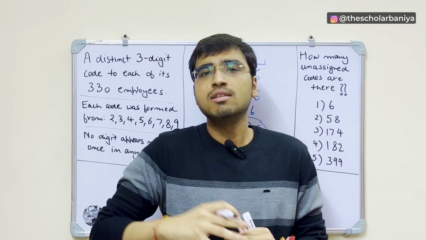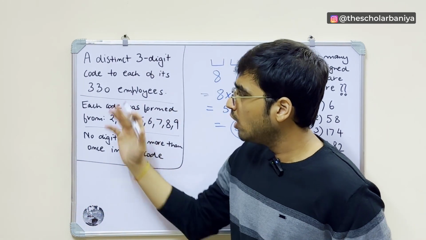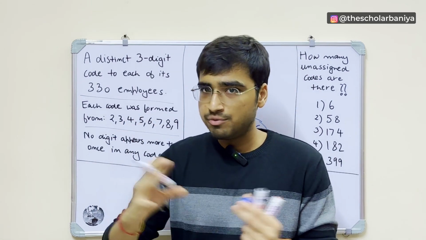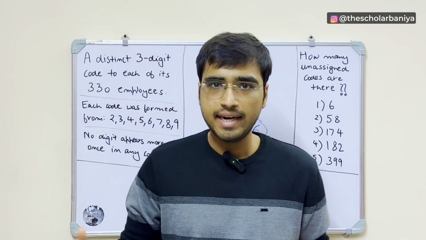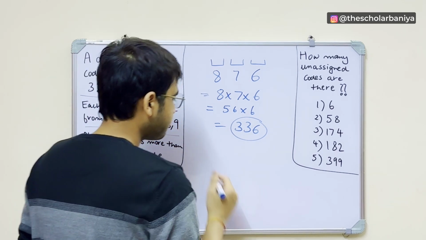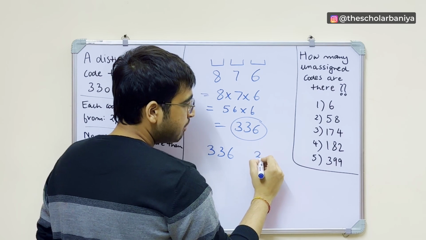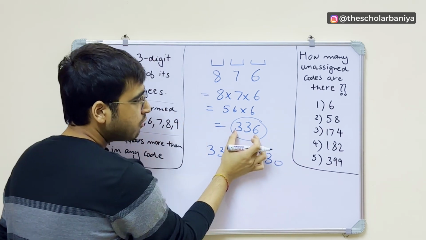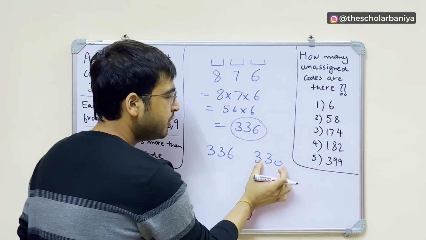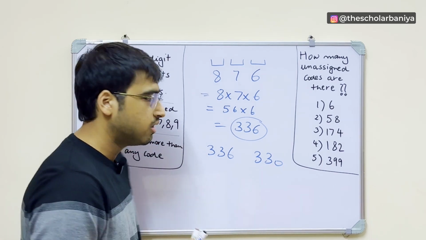For example, in a university, students have different IDs. Similarly, in a company, all 330 employees will have different IDs. So out of these 336 codes, we give 330 different codes to different employees.